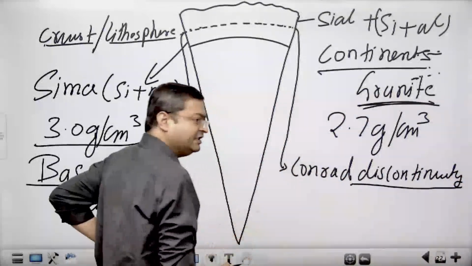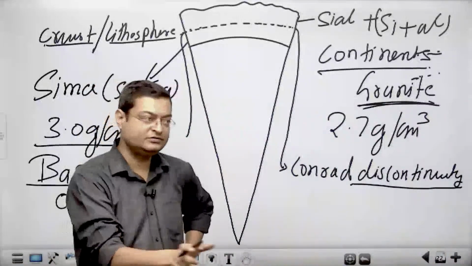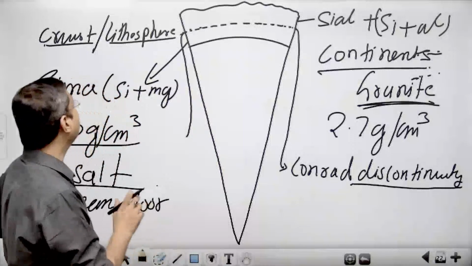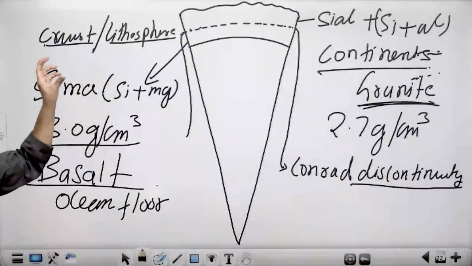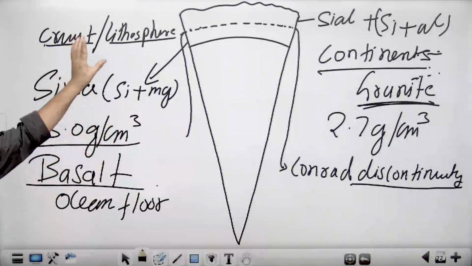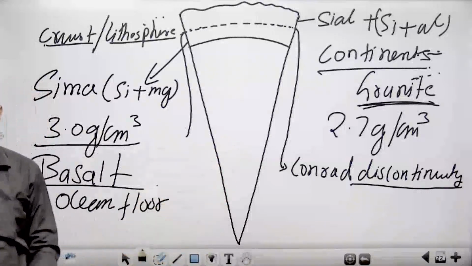Discontinuity simply means the layer from where the density changes, ठीक है. This is all about your crust or lithosphere. Draw करो और इस पे लिखना, मेरे पास जगह नहीं है, मैं अभी फिर मेंटल पे आऊंगा.